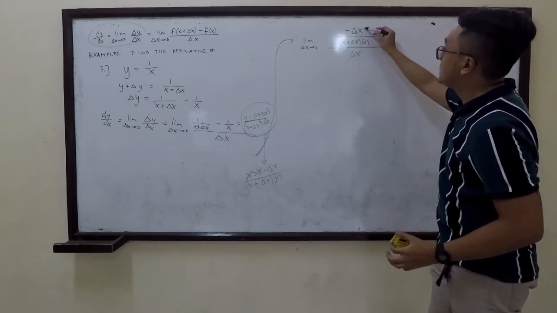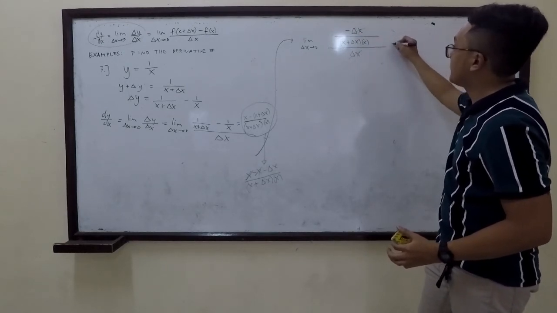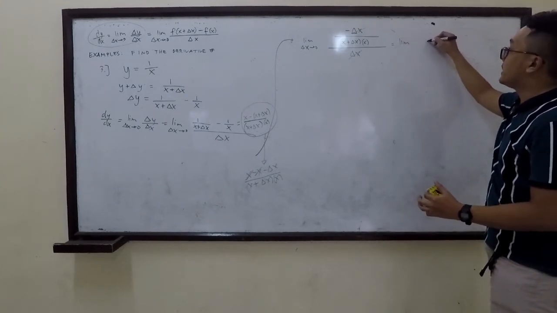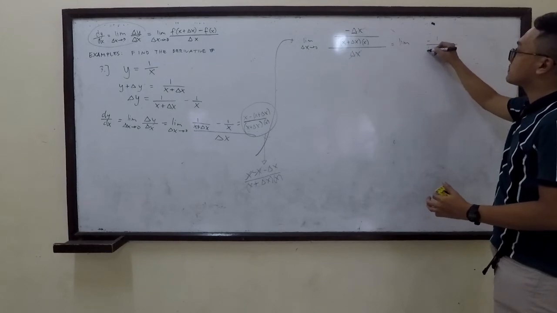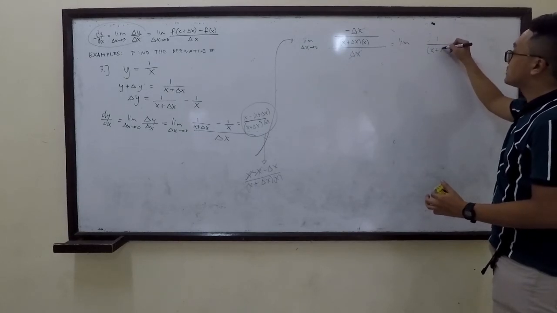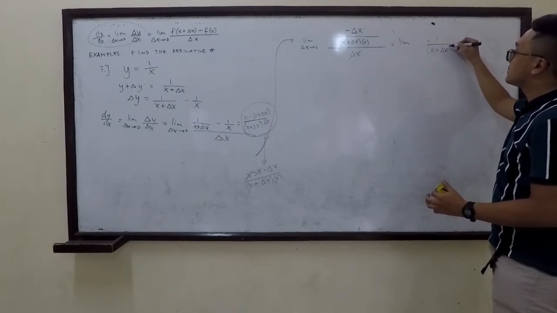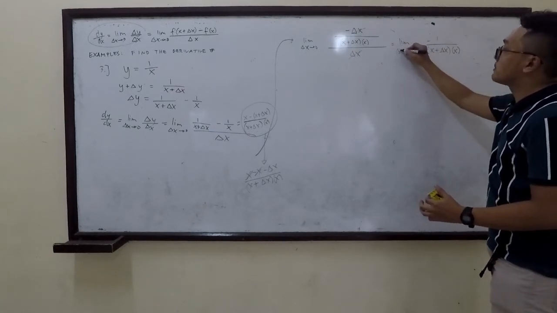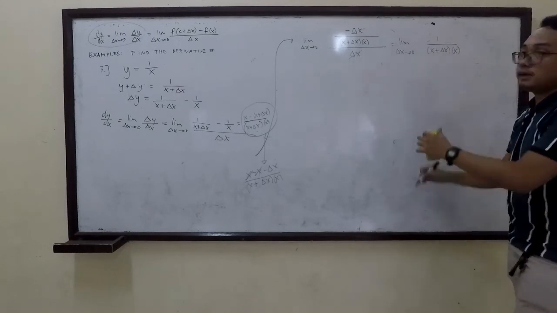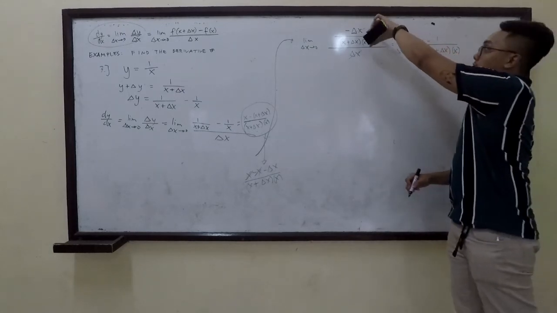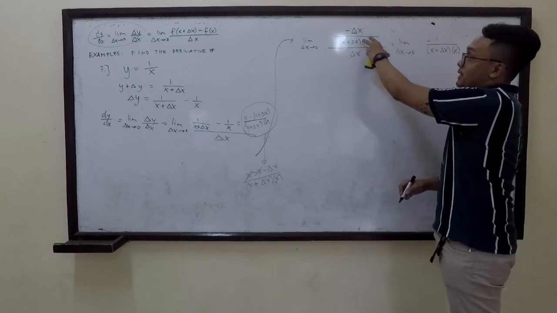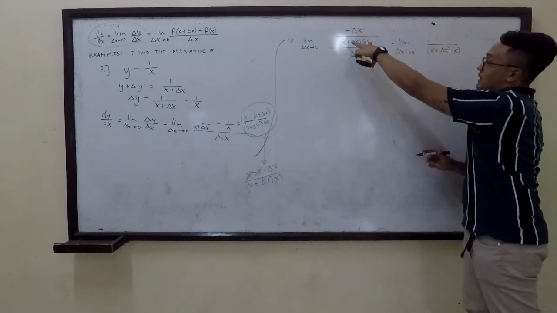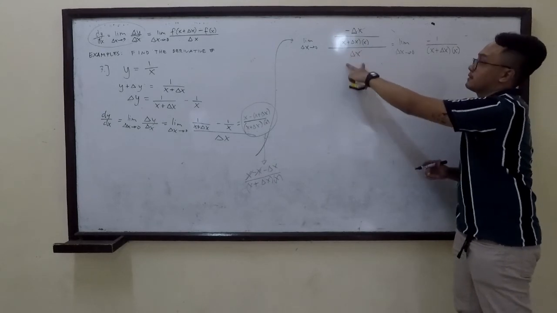So ang mabilin na lang sa function is negative 1 over x plus delta x times x. Kasi numerator divided by denominator, mag-cancel, mabilin negative 1.